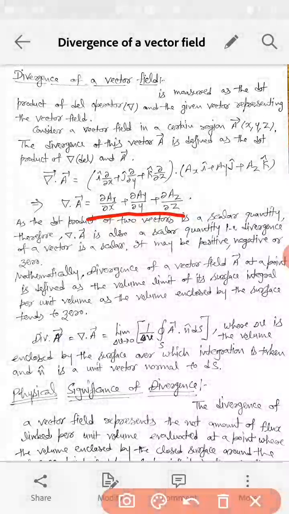Divergence of A means del dot A will be equal to limit delta V tends to 0, where delta V is nothing but the small volume element, of 1 over delta V, surface integral A dot n cap dS. So this is how we define divergence of a vector field at a particular point.